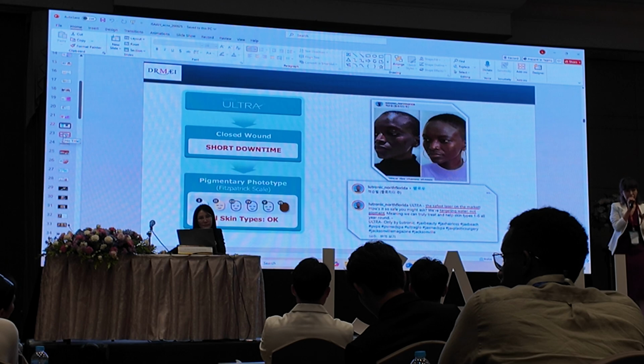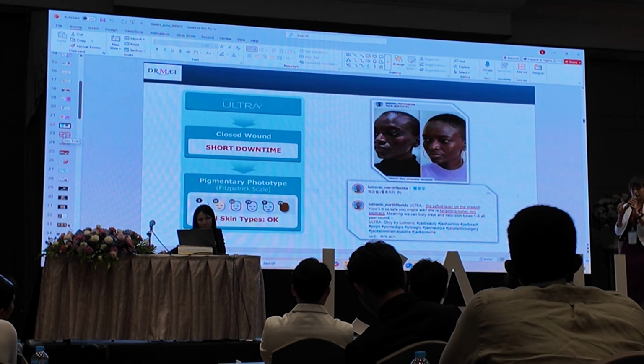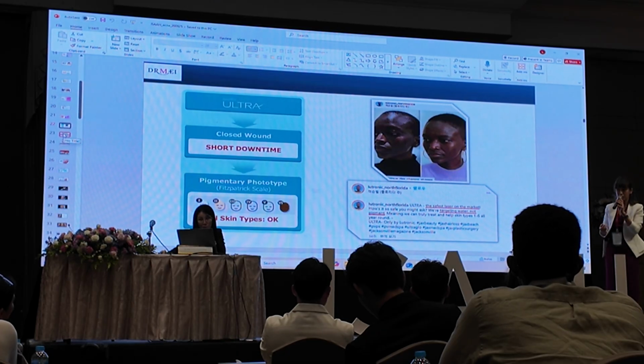As the thulium laser targets water, it is pigment blind, and we can use this machine safely in all skin types, including type 5 and 6.